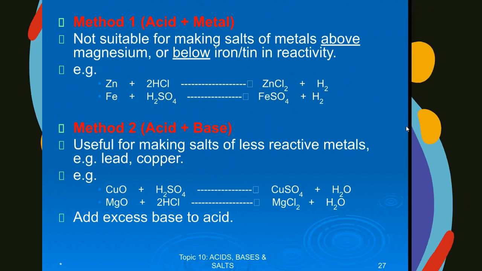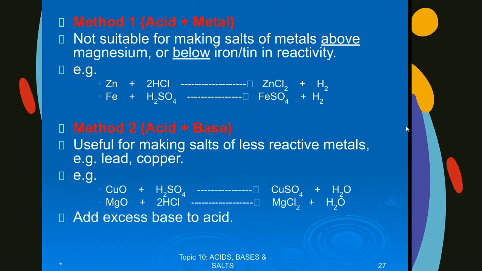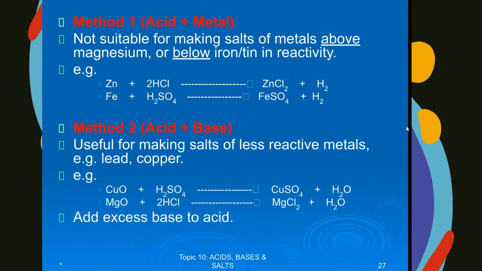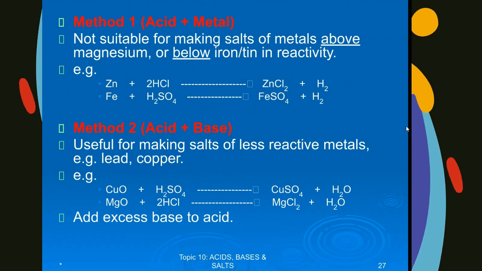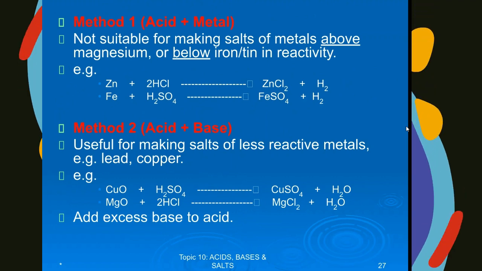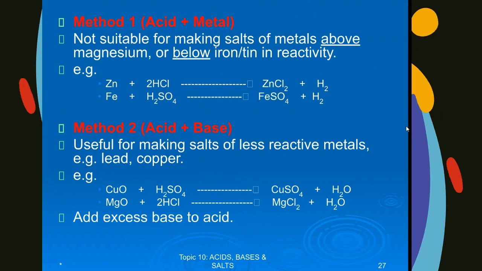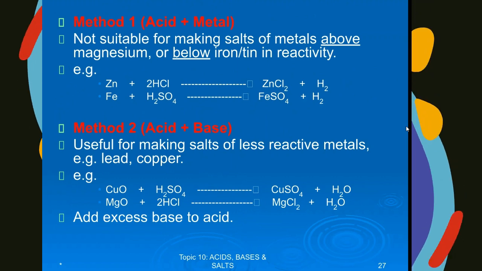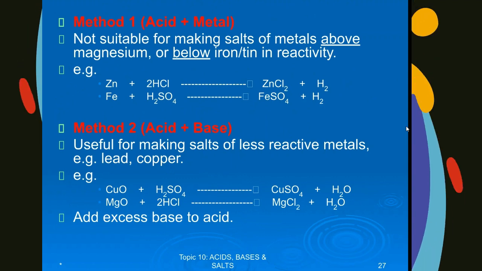Method 2, acid plus base, is useful for making salts of less reactive metals, for example lead and copper. So we will think about which method we are using according to the reactivity. First, CuO plus H2SO4 gives rise to CuSO4 plus H2O, and MgO plus 2HCl gives rise to MgCl2 plus H2O. Add excess base to acid here.